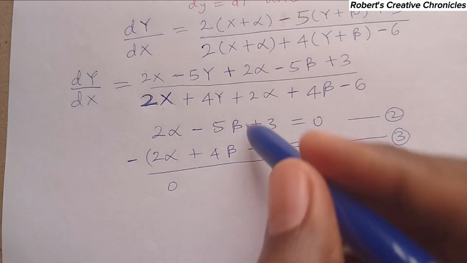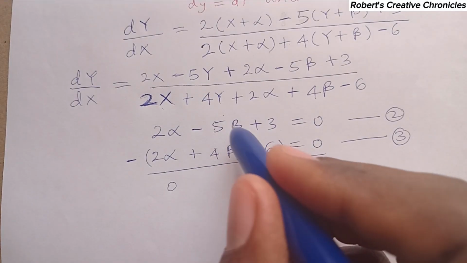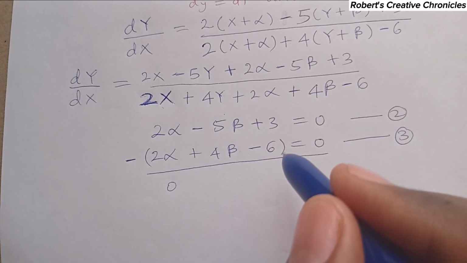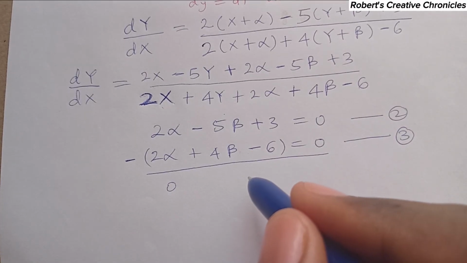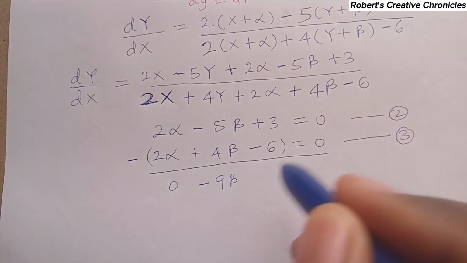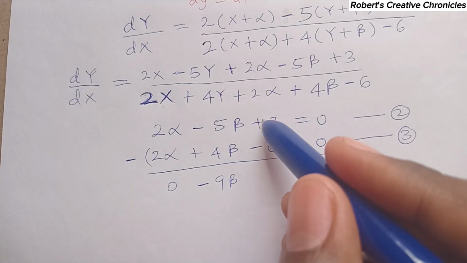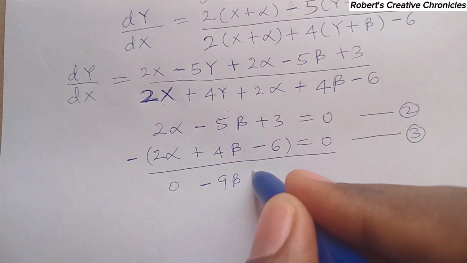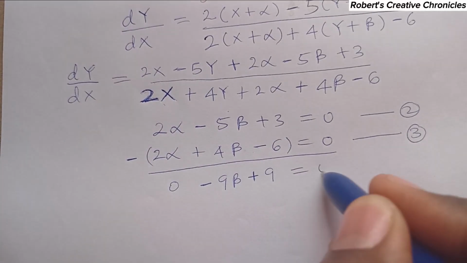So alpha becomes 0. Negative 5 minus 4 is negative 9 beta. Then 3 minus negative 6 is 9, so it will be plus 9 equals 0.